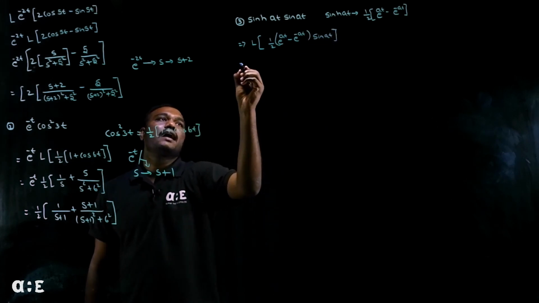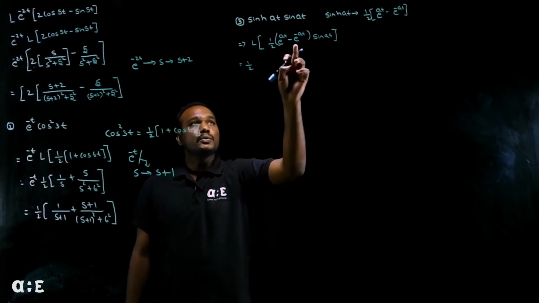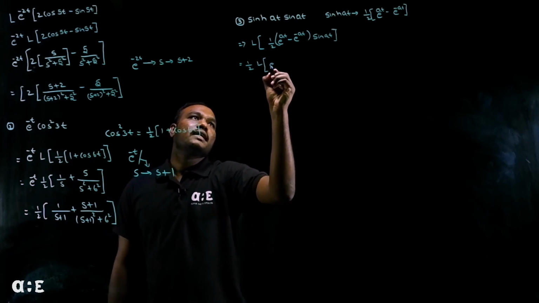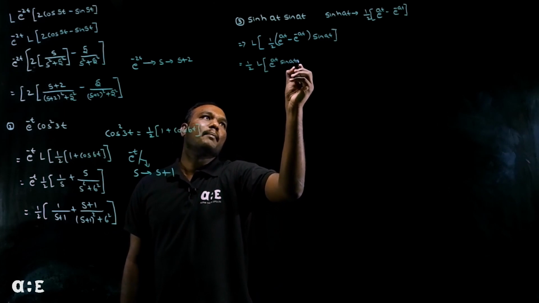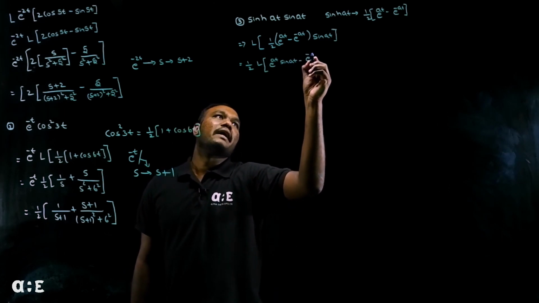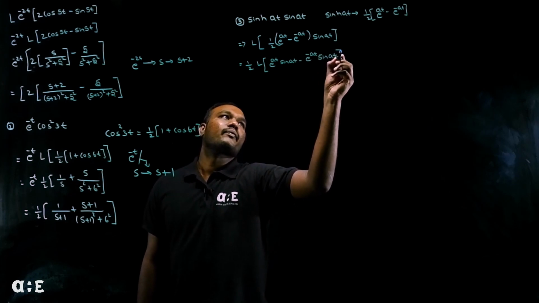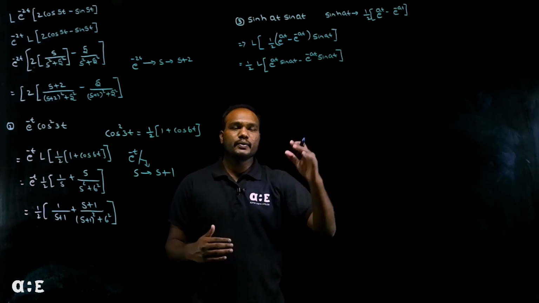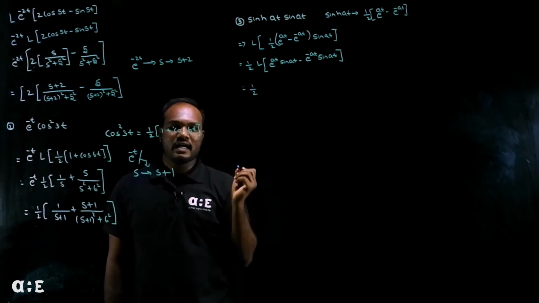I'll send half entirely outside and multiply sin inside to each of these terms. So what I'll be left with? Laplace of e power at sin at minus e power minus at sin at. Following up, try to follow similarly. Try to solve it by yourself. Okay. So only we have half.